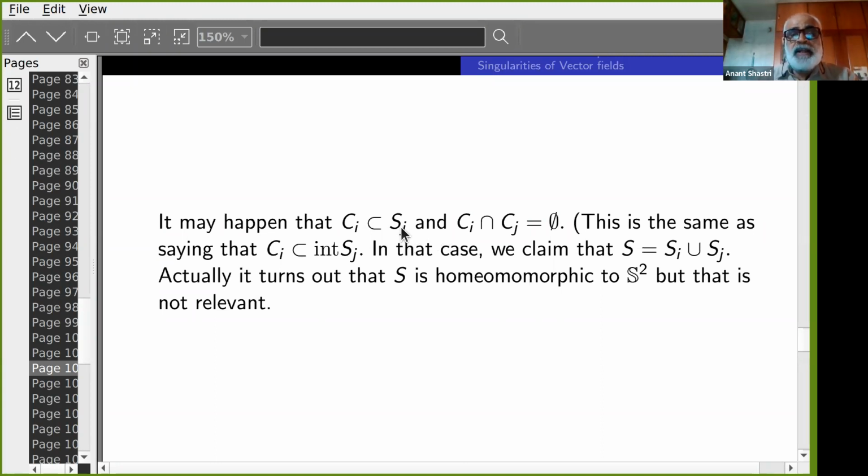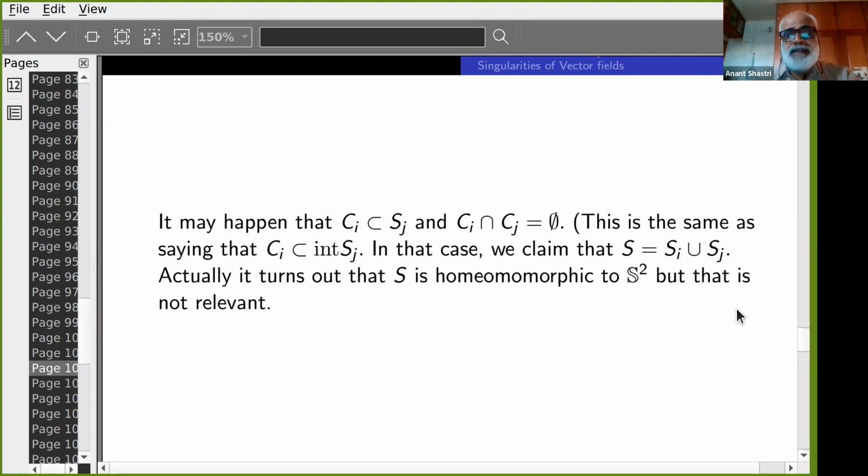When I say contained in Sj, I'm assuming Ci intersection Cj is empty because Cj is the boundary of Sj. So assume this. This is the same thing as saying Ci is contained in the interior of Sj. In that case, the entire cover consists of only Si and Sj, nothing else. S will be the union of Si and Sj. So this is what we want to say first, because this is an interesting case.